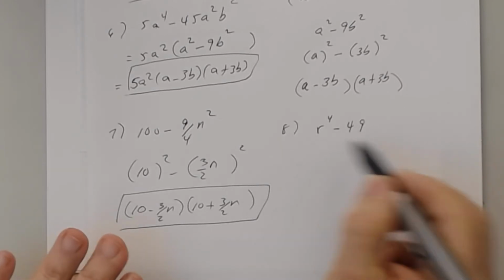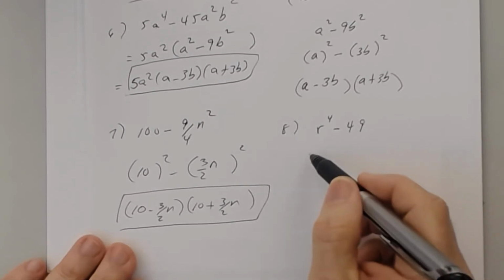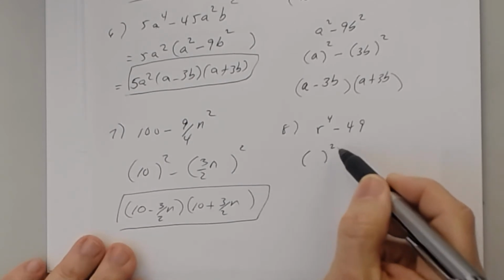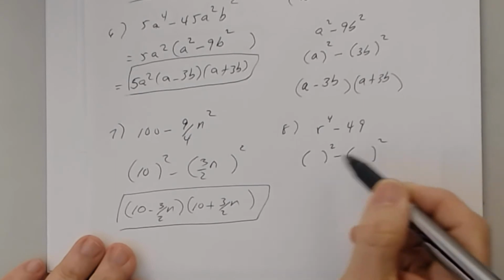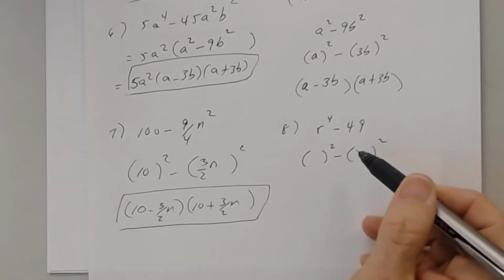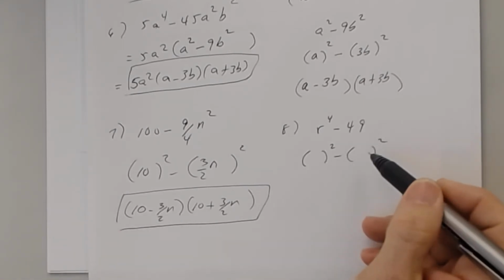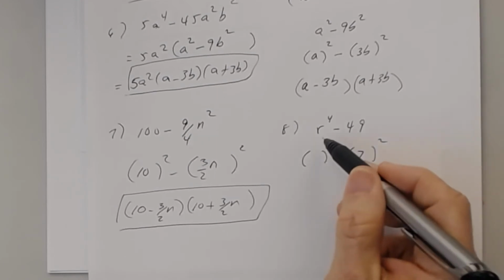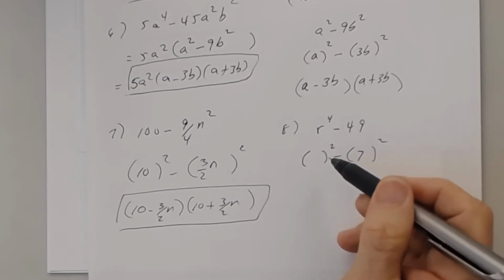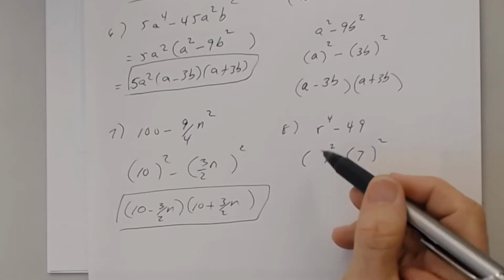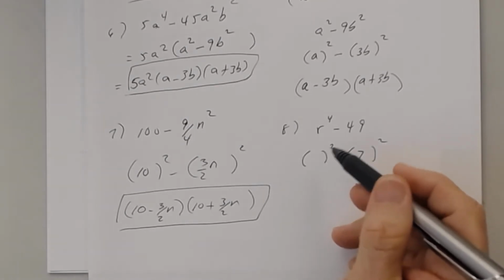First of all, what's the GCF? 1. So let's check and see if this is a difference of two squares. If it is, I can fill in these parentheses. The 49 is easy. What times itself is 49? 7. Now think about r to the 4th. What times itself is r to the 4th? R squared.